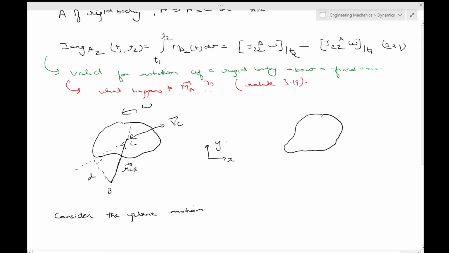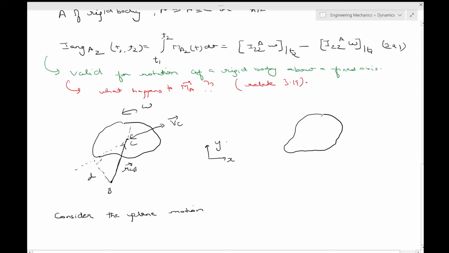You can also notice the sudden use of this I frame in these discussions. It is coming in because this angular impulse moment of momentum relation comes from Euler's axiom, which is only valid for an inertial frame. So I hope you had noticed that.